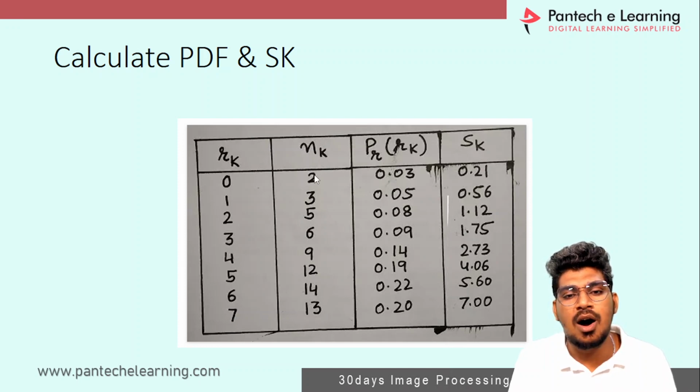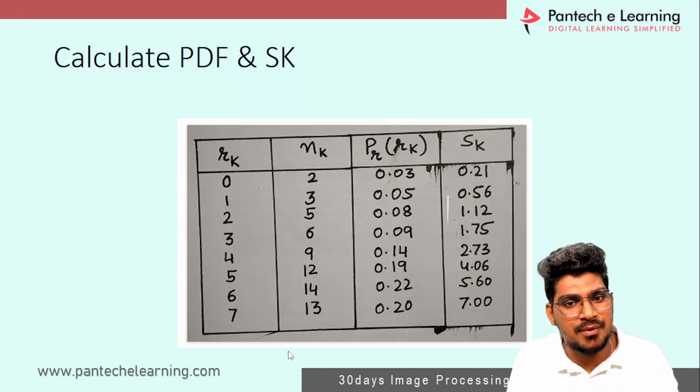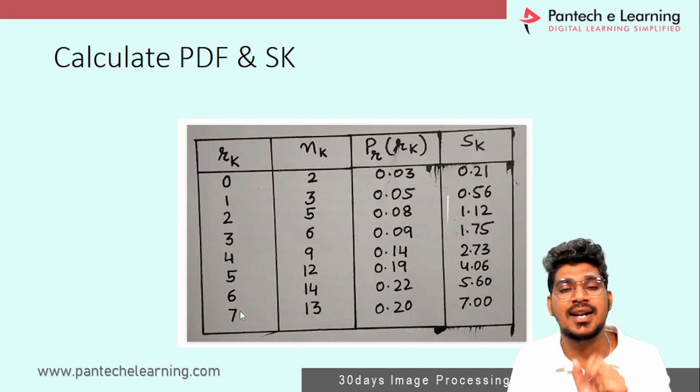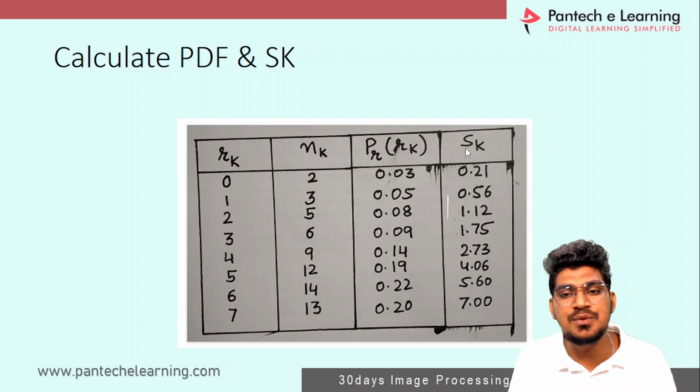Add all the values, that will be 59, then 2 divided by 59, then 3 divided by 59, this kind of thing. After that you multiply with 7, the highest gray level. So multiplying all of this gives 21, so 0.21, then 0.56, and so on.